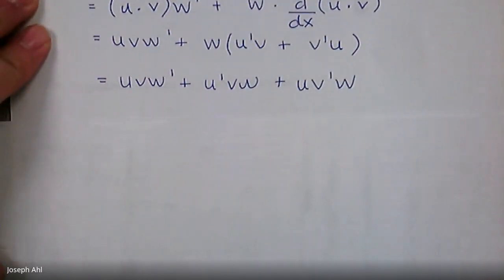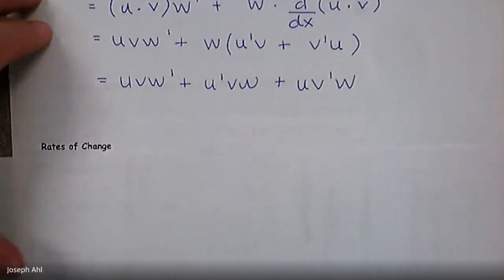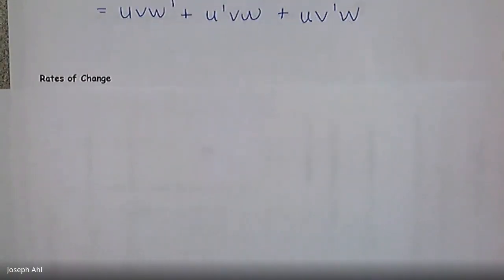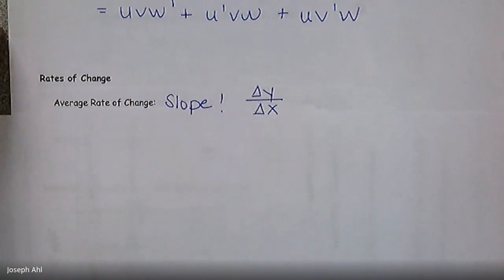So to get into our discussion of velocity and acceleration, we're going to start talking about rates of change here, right? And we know that average rate of change is just slope. So if we're looking at a graph and I ask you for the average rate of change, that's the slope of the secant line, right? A slope, delta y over delta x, that connects those two points.